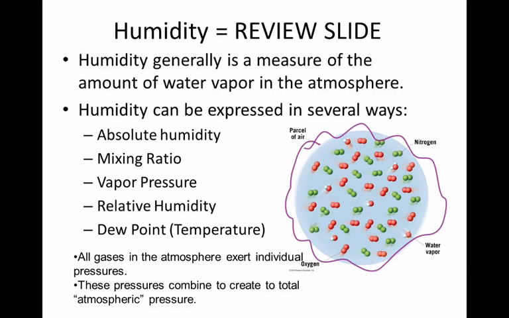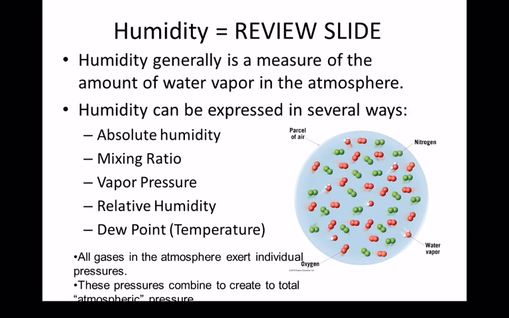Relative humidity is what you have been recording: the amount of water vapor there divided by the amount of water from the table that it needs to be to reach saturation at that particular temperature. So here we go.